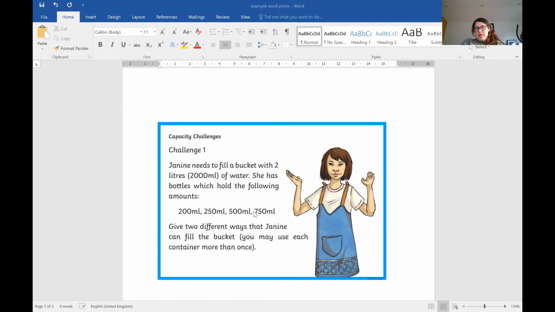So if 75 and 25 makes 100, then 750 and 250 makes 1,000. So if I did that twice, because I want to make 2,000, I would need 2 lots of 750 millilitres and 2 lots of 250 millilitres to make my 2,000 millilitres.